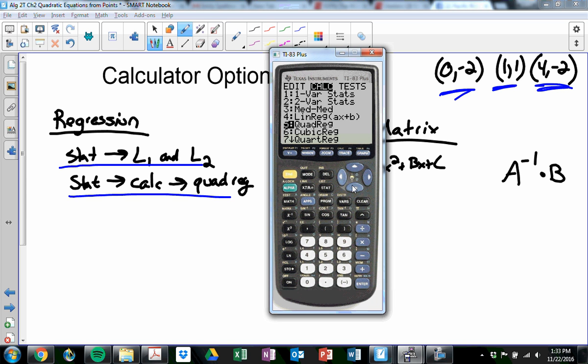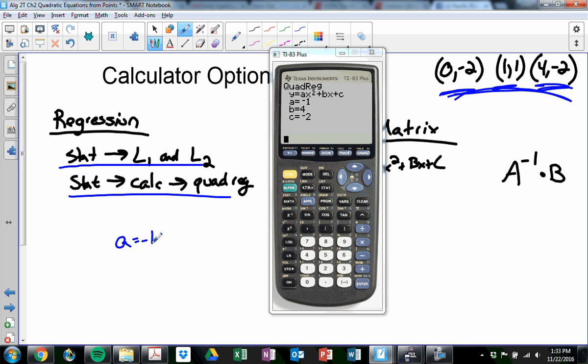It's going to find the curve that best fits these 3 points here. So I press enter a few times. A is negative 1, b is 4, and c is negative 2 in this equation. So you can do that whenever you've got 3 points. You can just find the regression to find the equation that matches it.